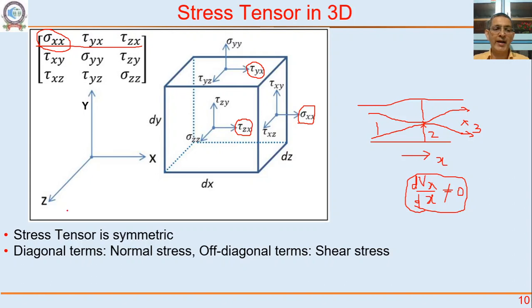If you think about the y direction, let's take another color. Vy varying with x is given by stress tau xy. That will be experienced on the right face and the left face, tau xy. Similarly, Vy varying with z will lead to a stress tau zy.